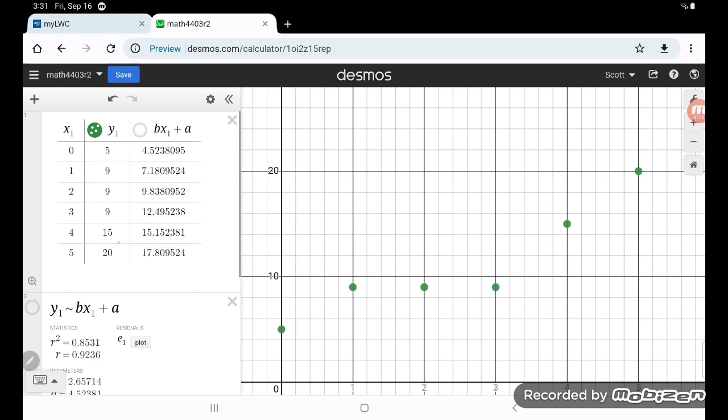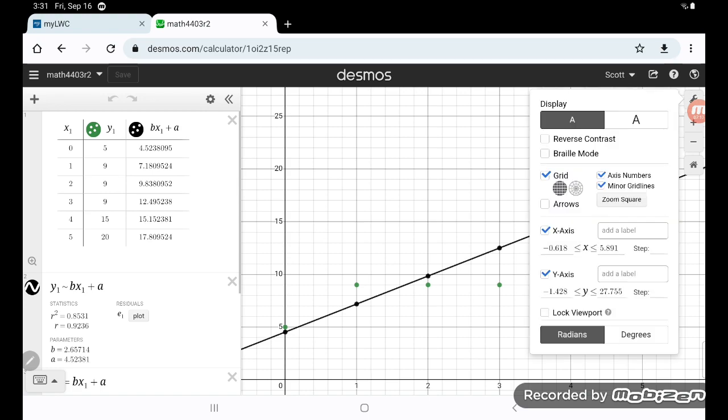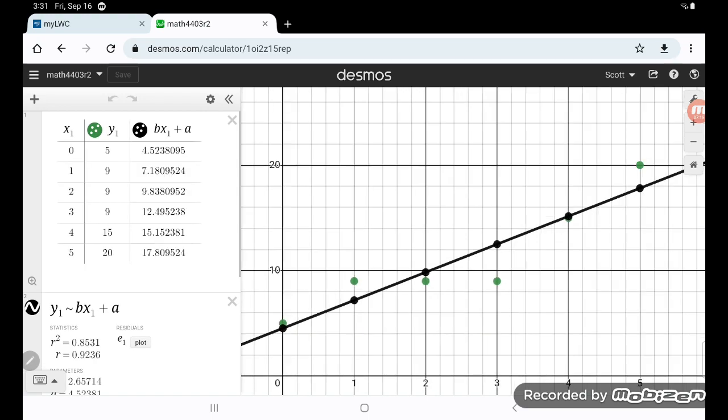So here's some data. Let's switch to the non-projection mode, sort of all by its lonesome. So let me turn those off for a minute. So there are my data.